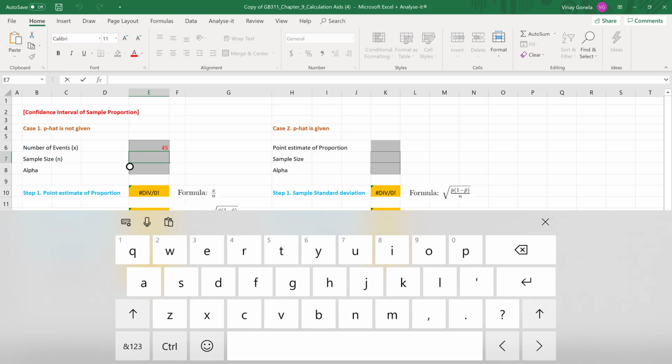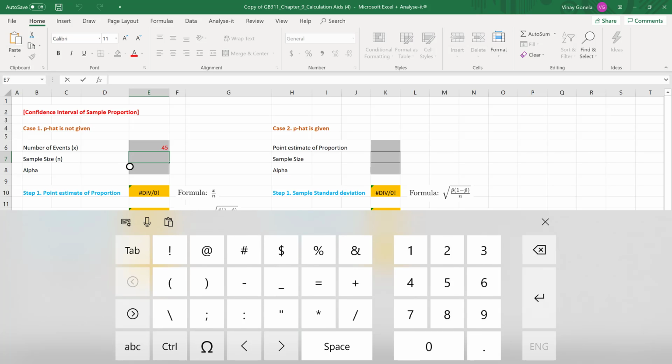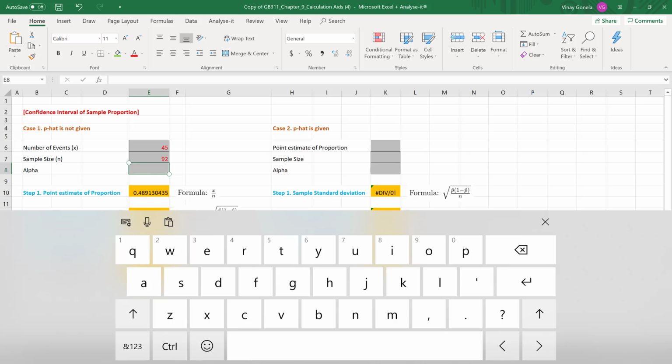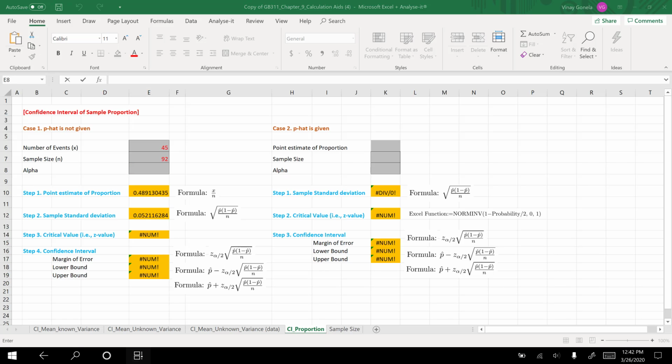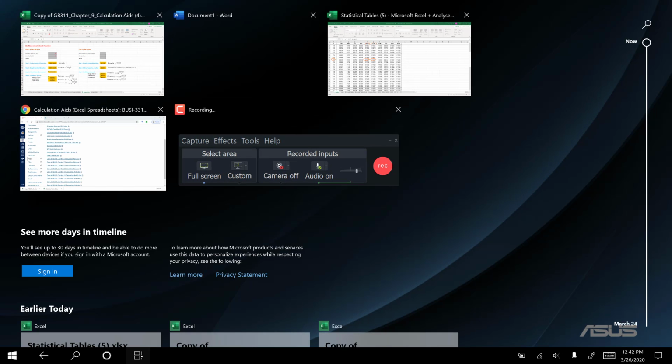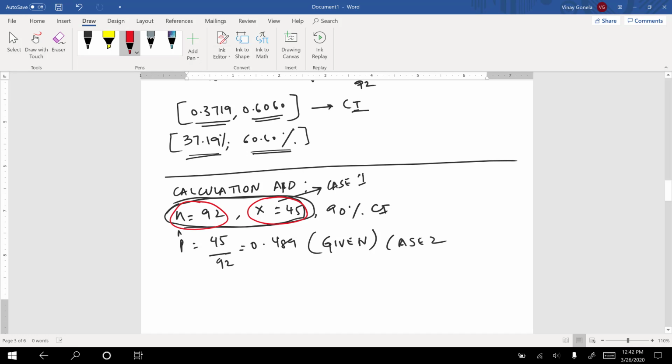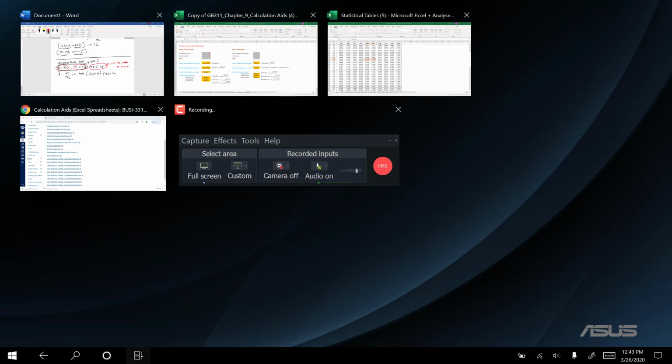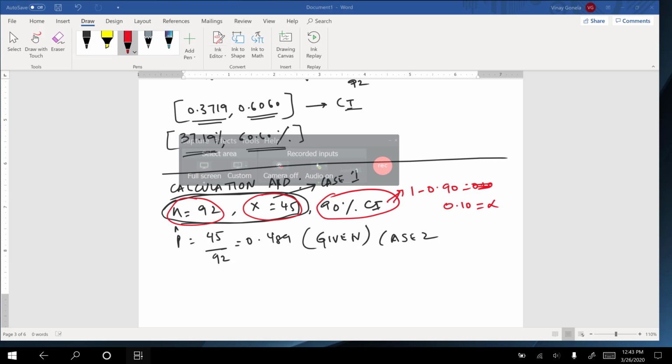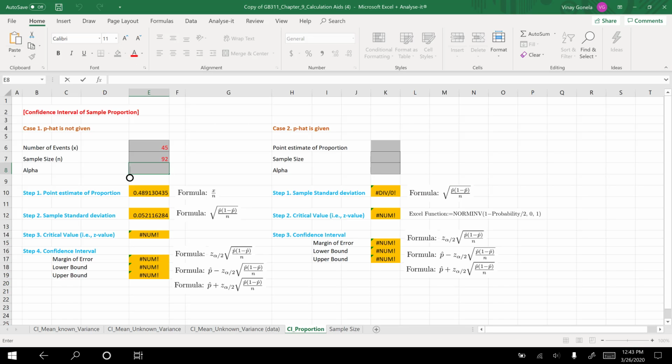Sorry, I keep getting the right click here. And then I need alpha. Let me check what alpha is. They gave a 90% confidence interval, so I will do 1 minus 0.90, that is 0.10. 0.10 is my alpha. So I will type in 0.10.